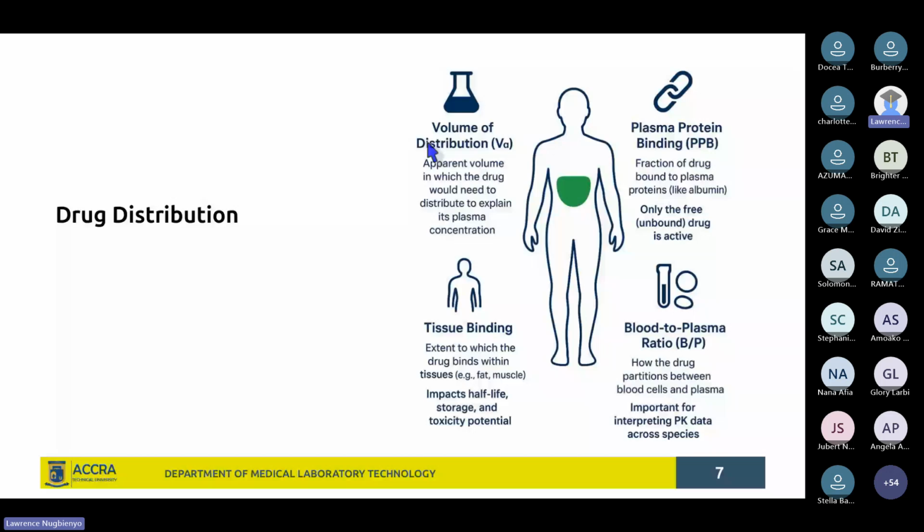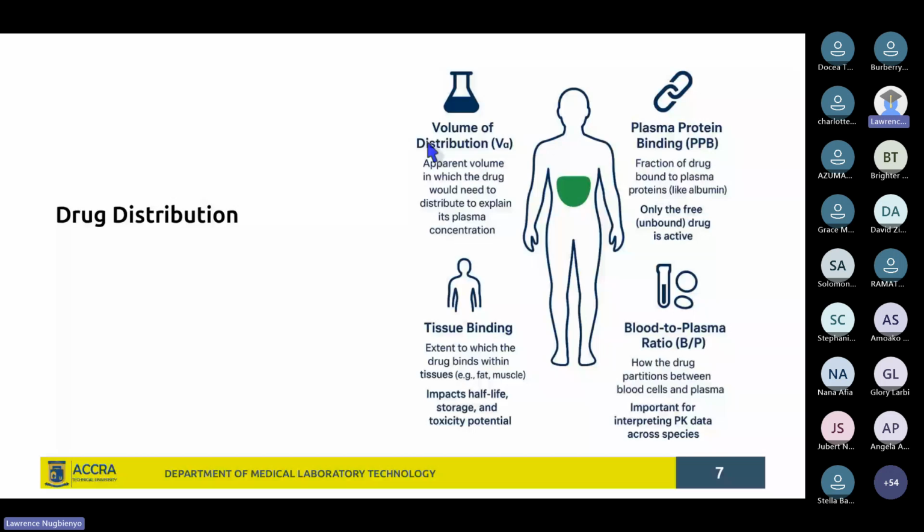So usually you have the volume of distribution being a ratio of the concentration of the drug in the tissues against the concentration of the drug in plasma. If you have this ratio, the value is higher, or let's say above 1, then it means that you have the drug being more in the tissues than in plasma.